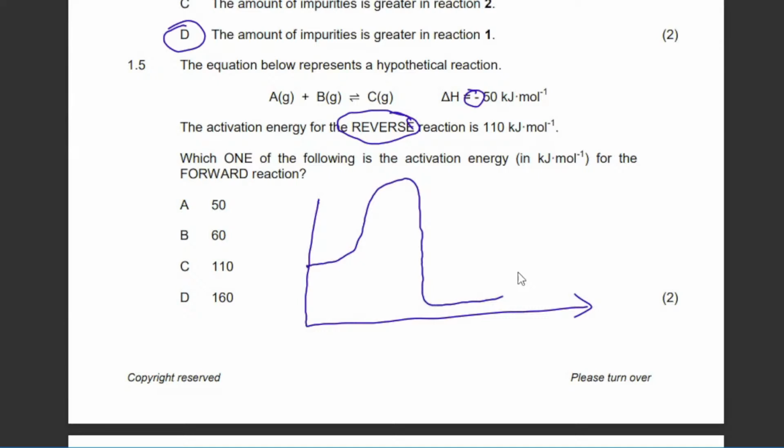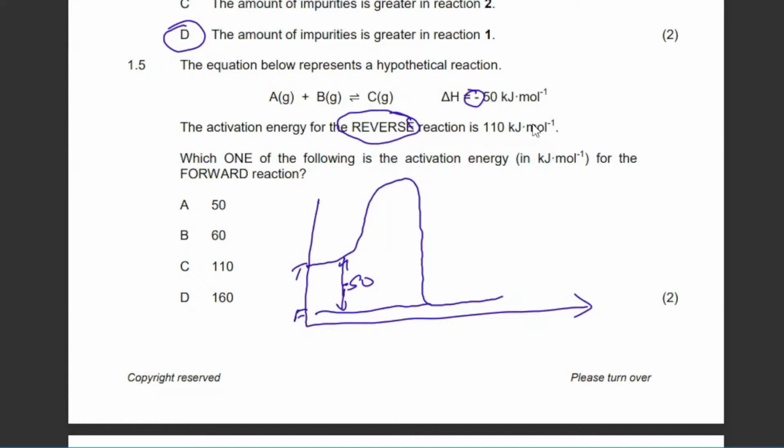And then they're saying that the enthalpy change is -50 for this reaction. So this is the beginning, and this is the end. Remember, final minus initial. If this is final, this is initial. So this becomes 50, but negative because final is lower than the initial. So this is the change in heat of this reaction shown here. But they're saying that the reverse reaction is 110.